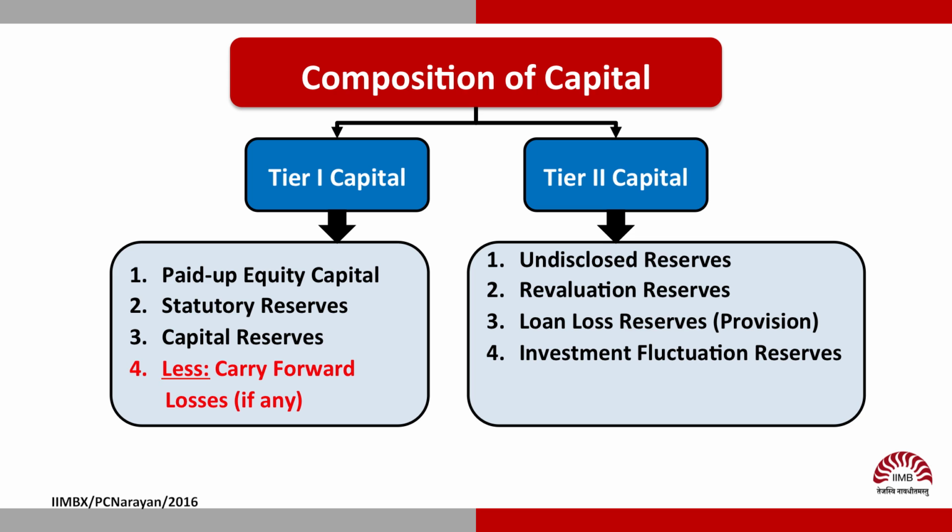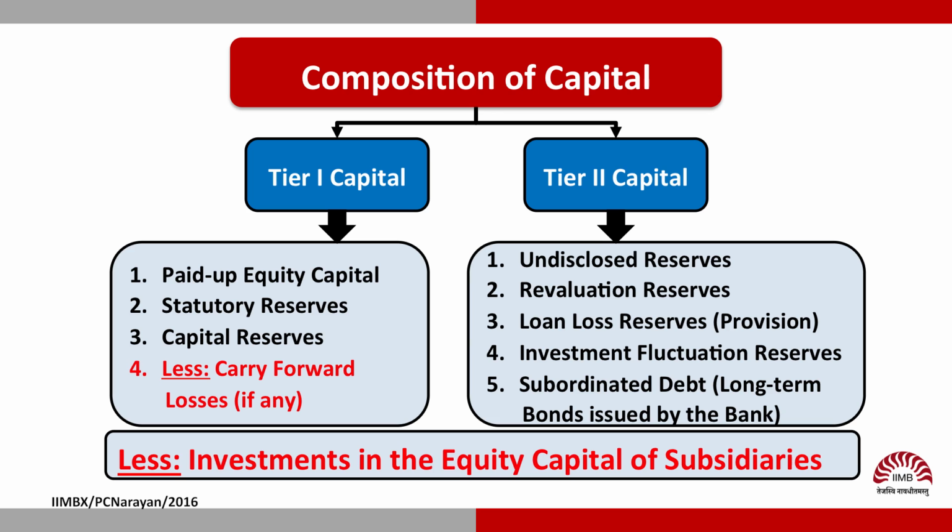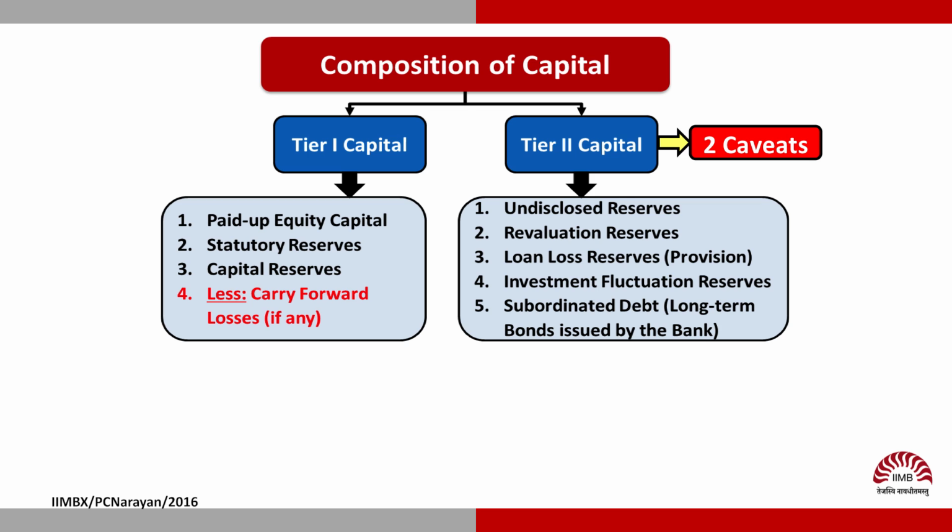The details of some of these reserves we will look at in later sessions in this course. In addition, Tier 2 capital comprises subordinated debt, which are long-term bonds issued by the bank, minus investments in the equity capital of subsidiaries. Two caveats in the context of Tier 2 capital should be borne in mind.